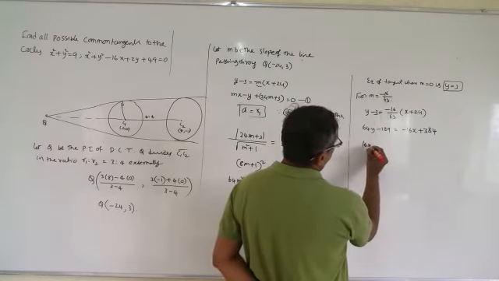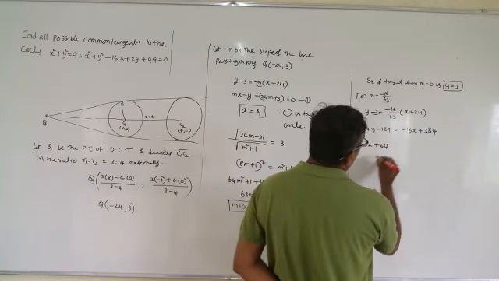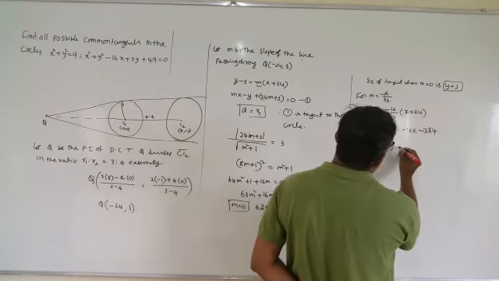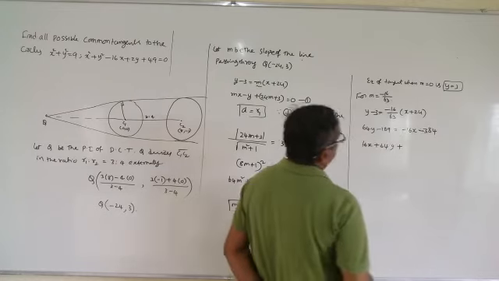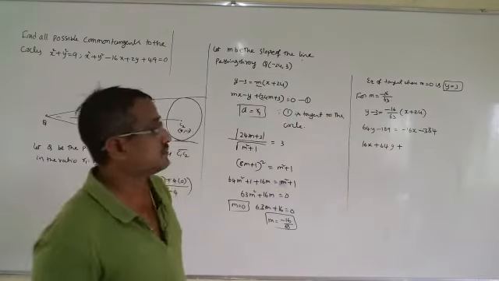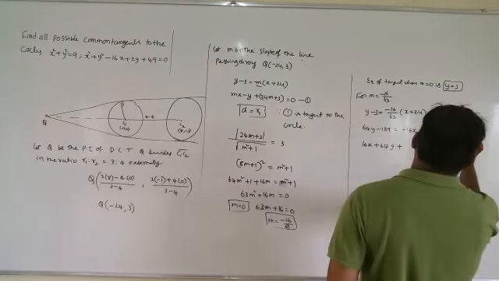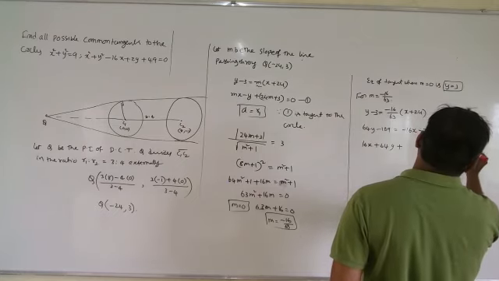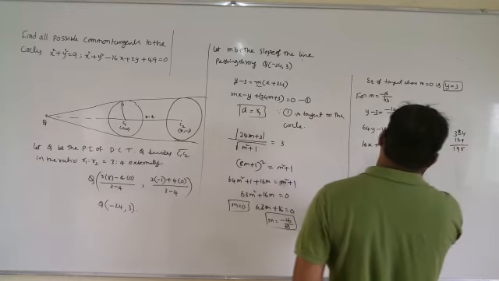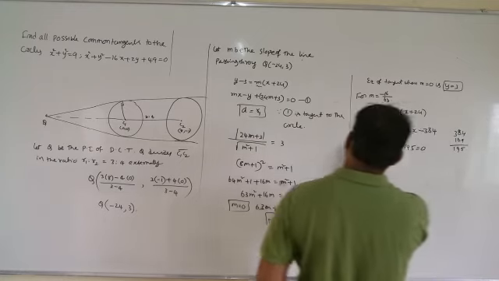So 16x plus 63y plus 384 minus 189 equal to 0, that is 16x plus 63y plus 195 equal to 0.